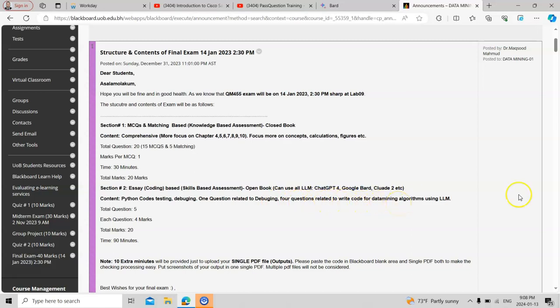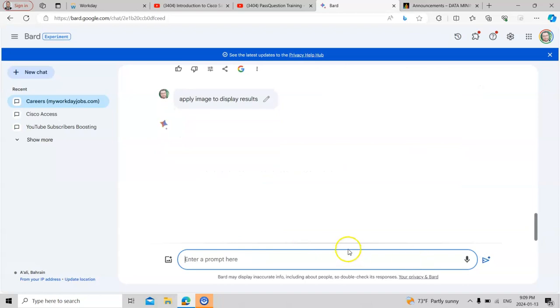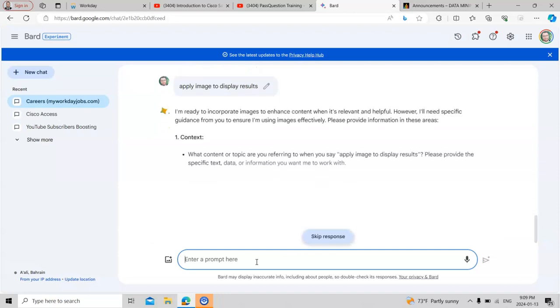So I can give you some data, for example image data, to display results. For example, I want some Python code to display some data sets.